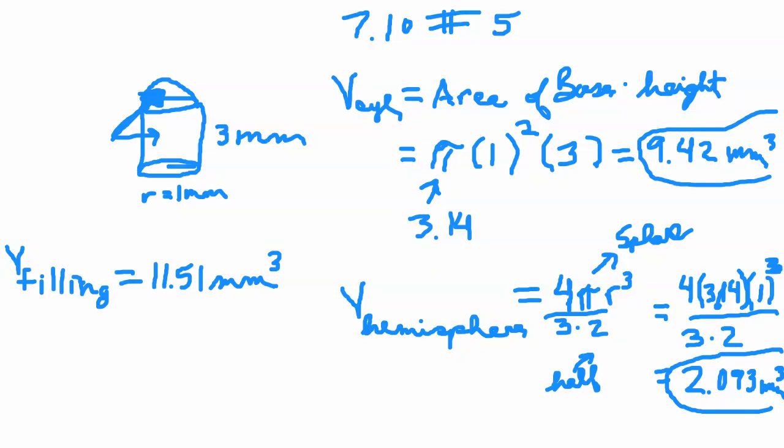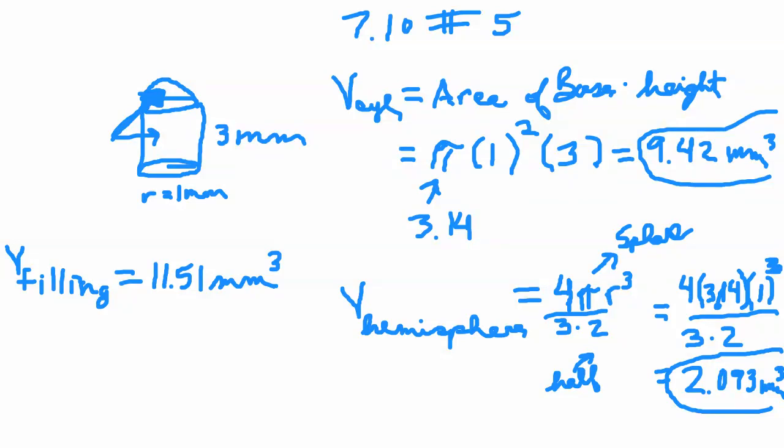Are you with me so far? I know up to when we multiply 4 by 3.14 by 1, it gives us 12.56, divided by 3 times 2, which is 6.